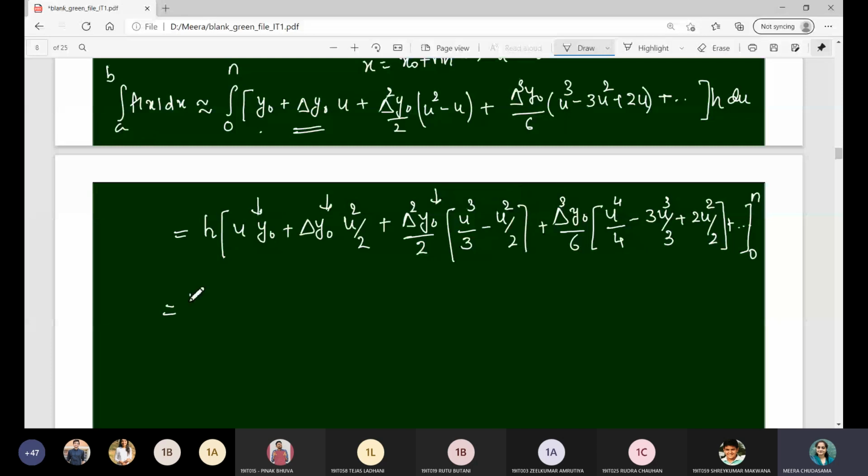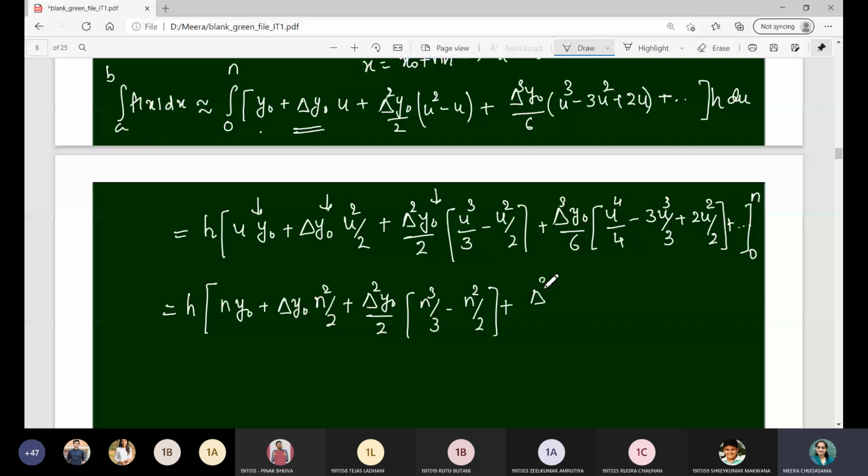So n y0 plus delta y0 n square by 2 plus delta 2 y0 by 2 into n cube by 3 minus n square by 2, plus delta 3 y0 upon 6 into n raised to 4 upon 4, minus n cube plus n square, up to.